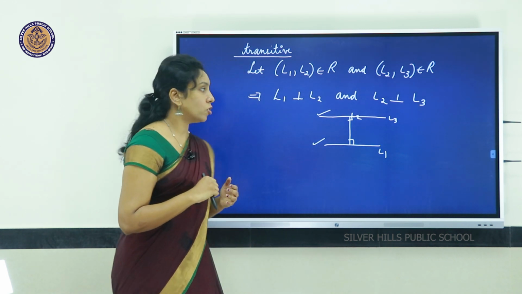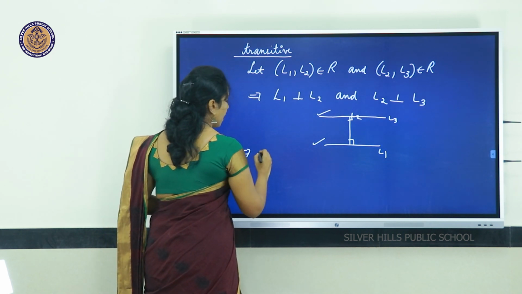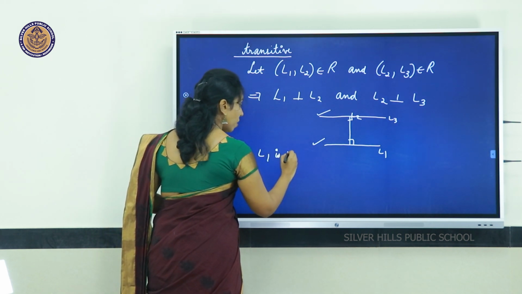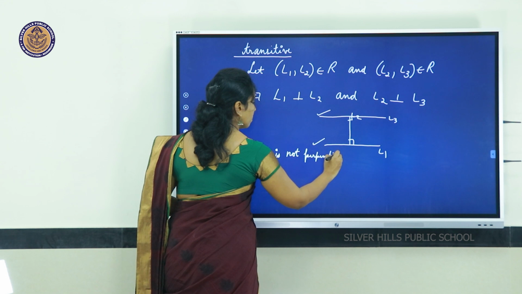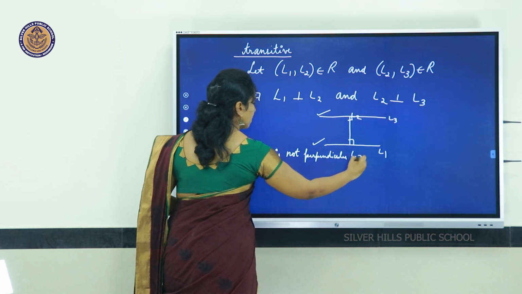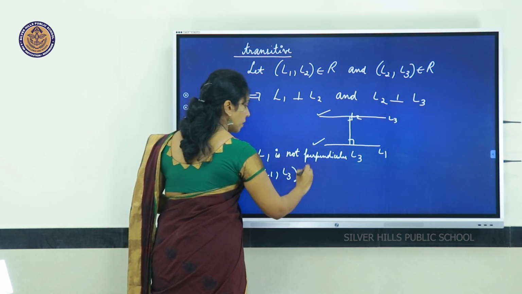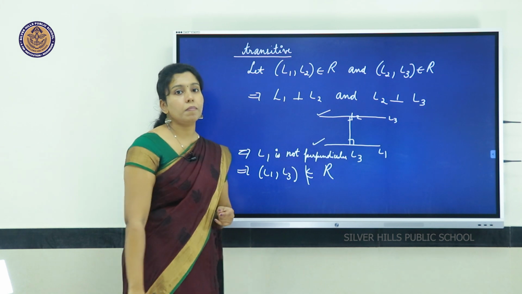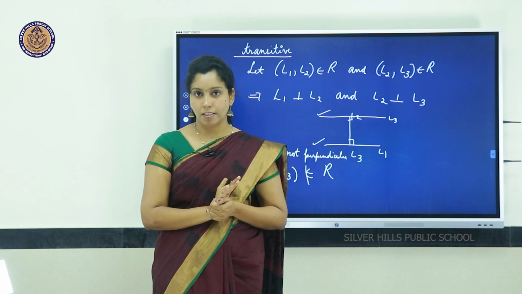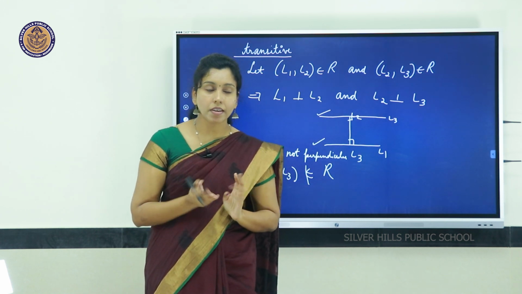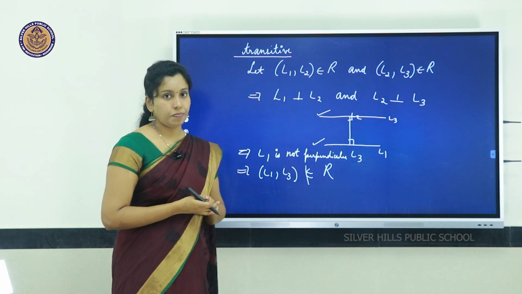One line is perpendicular to the other line. So from here this implies L1 is not perpendicular to L3. That is, L1, L3 does not belong to our relation. That is not a member of R. So we proved the given relation is not transitive. Okay? It is just symmetric. It is neither reflexive nor transitive.